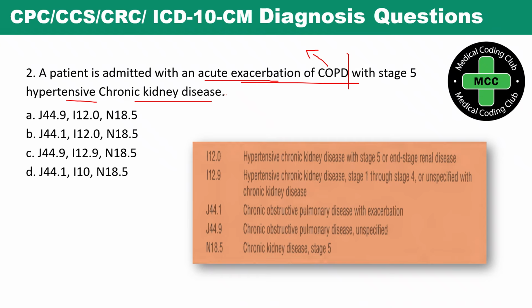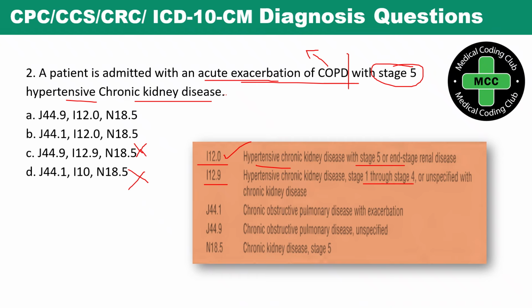The combination code is I12.0. I12.9 specifies hypertensive chronic kidney disease stage 1 to stage 4, but we have stage 5. So your correct code is I12.0, hypertensive chronic kidney disease with stage 5 or end stage renal disease. So you can eliminate option D and option C, since I12.0 is not there.